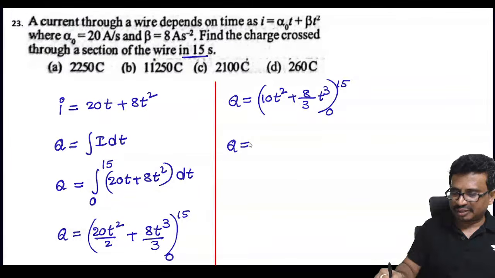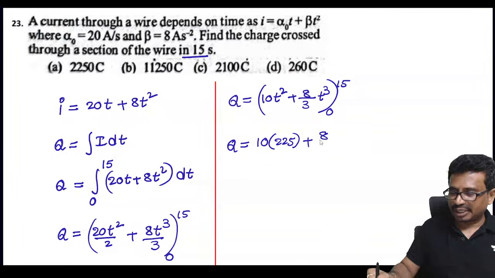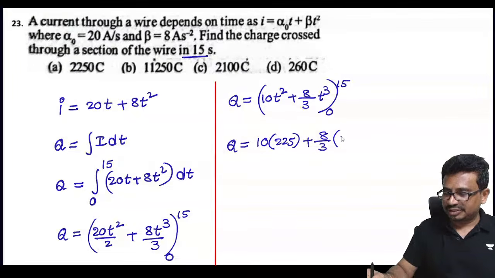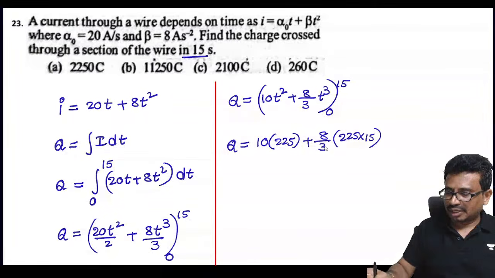How much will come? This is 10 into 15 square, that is 225, plus 8 by 3 into 15 cube, that is 225 into 15, and 3 5s.